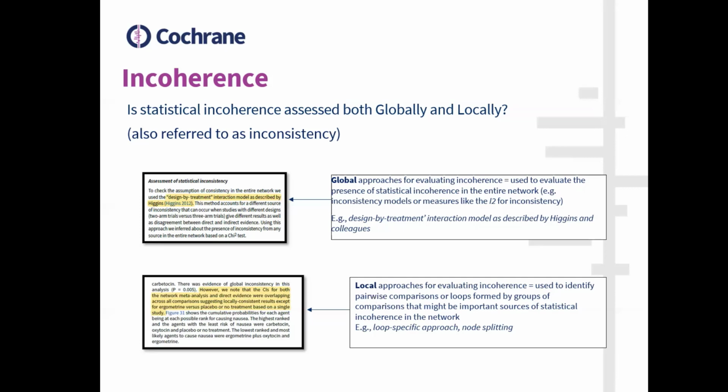So within one loop, that loop I showed you, dietitian versus doctor versus nurse, they're the local approaches just within the loops themselves, whereas the global approach is the whole network. So going back to that example, there was only direct evidence with doctor versus nurse, but actually, sorry, there was indirect evidence. But if you'd had direct evidence as well, that's when you can compare the direct evidence for doctor versus nurse with the indirect evidence, and that allows you to assess the incoherence or coherence.